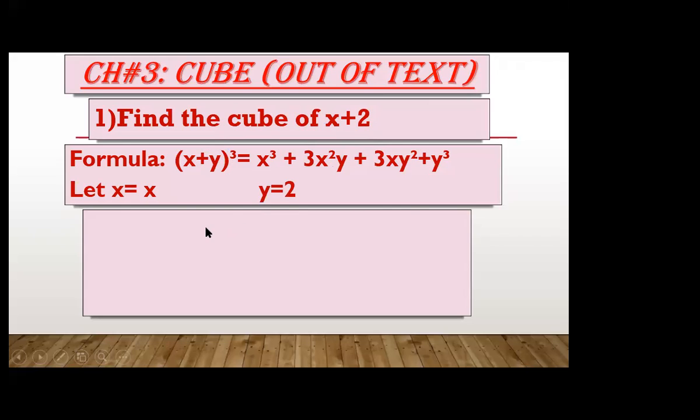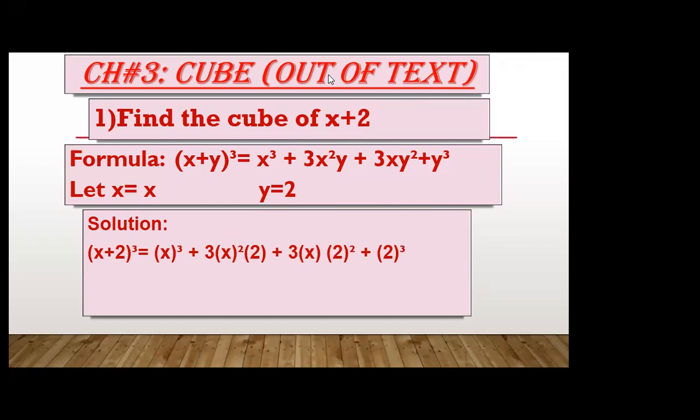Now, in the solution, just put the values of x and y in the given formula. We get x is equal to x, y is equal to 2, and then whole cube. Then the first term is x, so we get x within the bracket cubed, plus from the formula 3, first term square, then the second term y, which is 2.